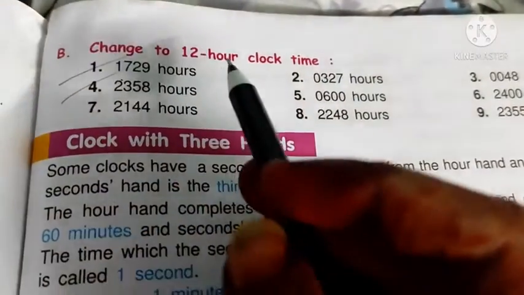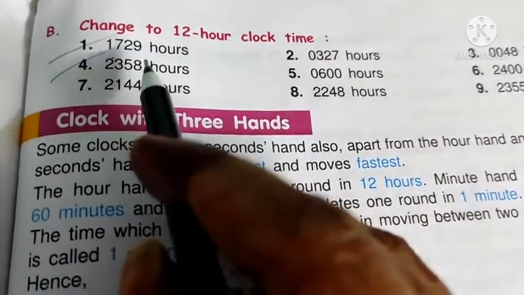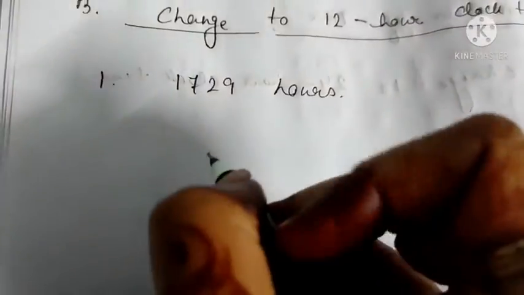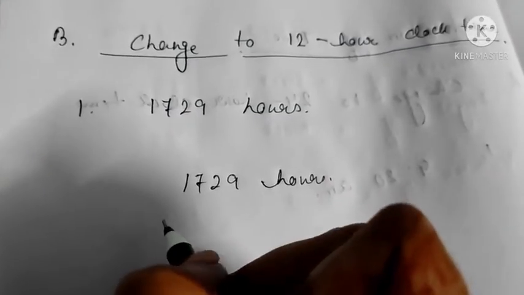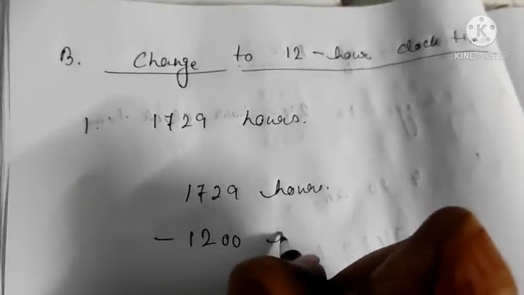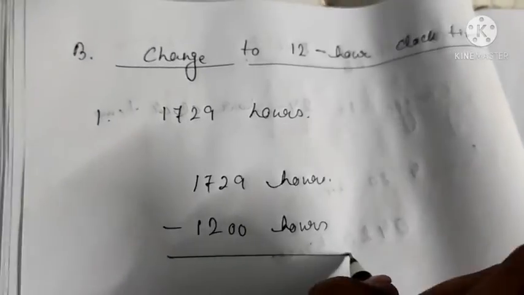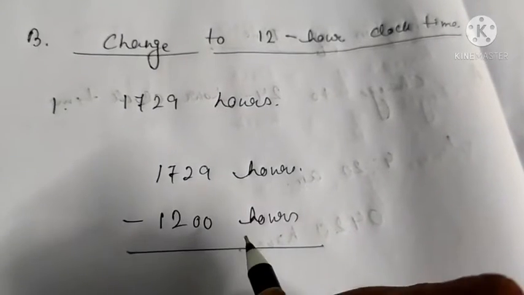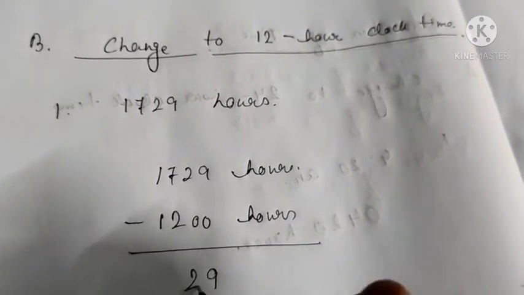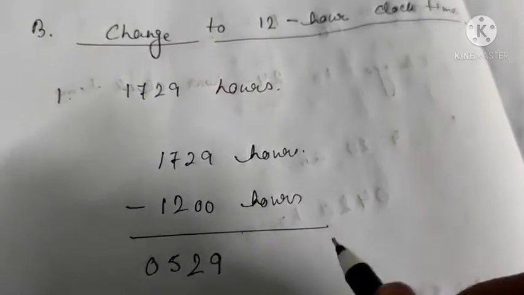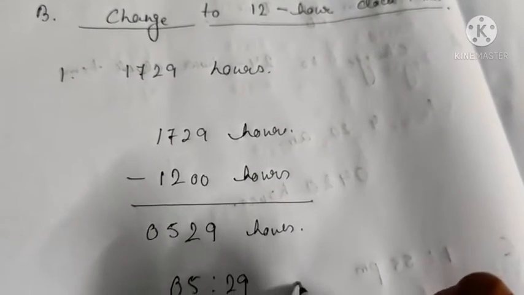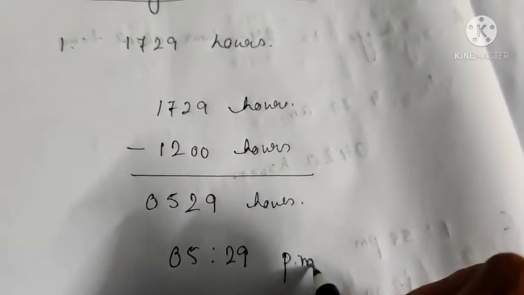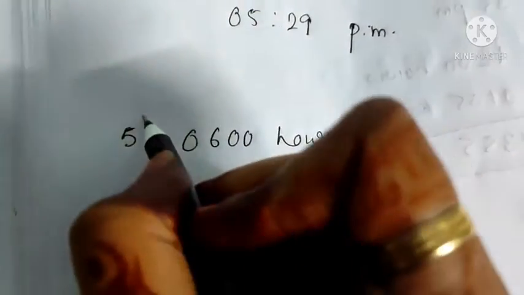Now number B, change to 12-hour clock time. Number 1, 1729 hours. So here, 1729 hours, we will subtract 12 hours. This is 5:29 p.m. Now number 5.